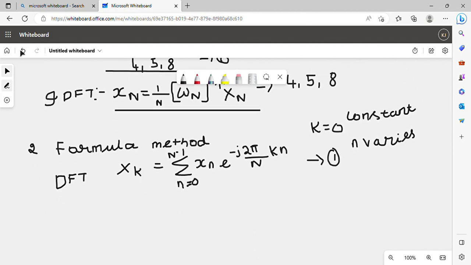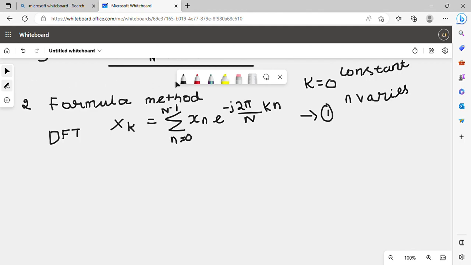So for my IDFT, it is x of n is equal to the summation from k equals 0 to N minus 1. Just a minute, I'll write the formula.